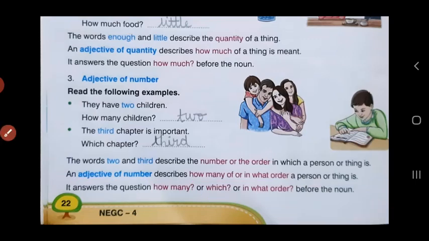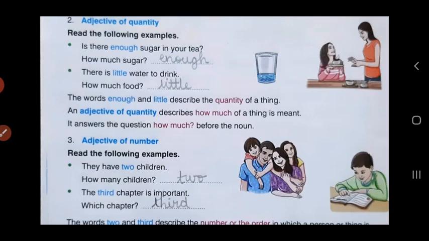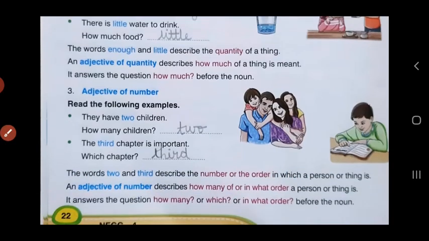So the difference between adjective of quantity and adjective of number is, in adjective of quantity it asks the question how much and the nouns are mostly uncountable nouns. But in adjective of number, it asks these questions: how many, or which, or in what order.